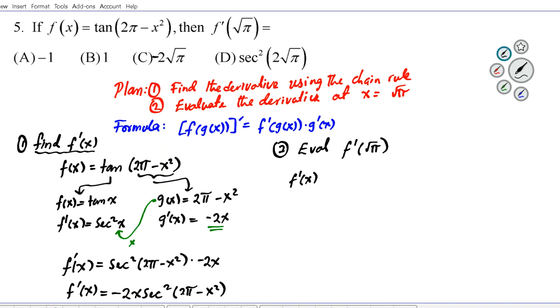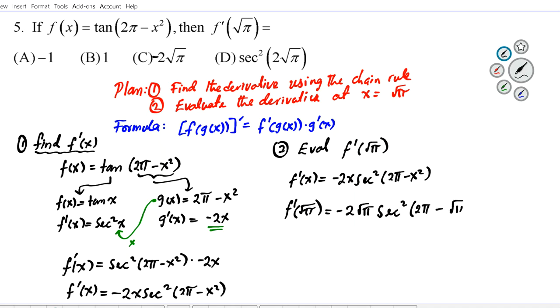The derivative is negative 2x secant squared of 2 pi minus x squared. So we're just going to plug in root pi for all the x's. So it's going to be negative 2 root pi times secant squared of 2 pi minus root pi squared.